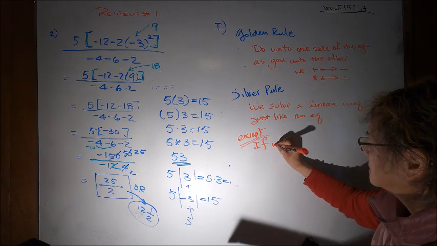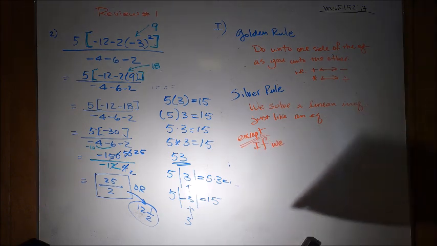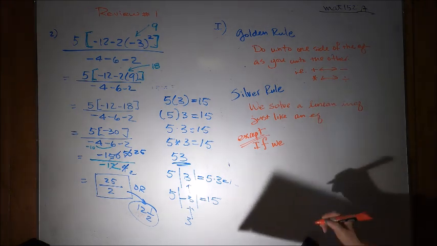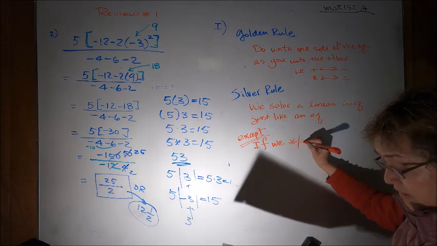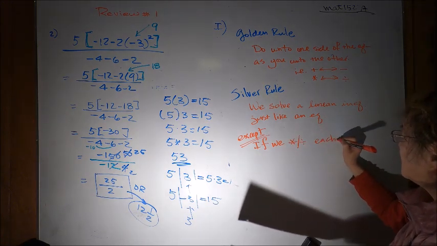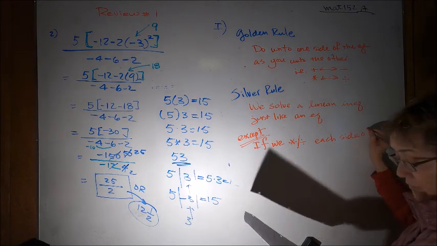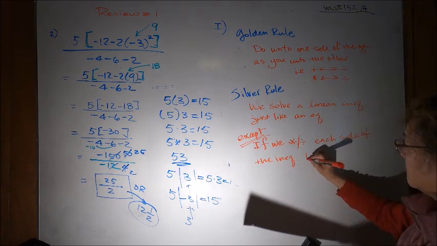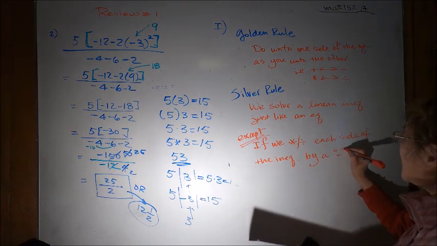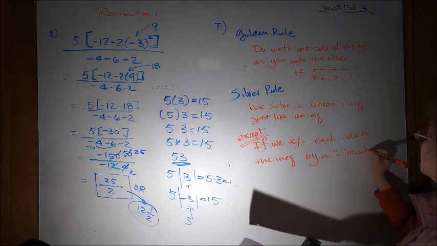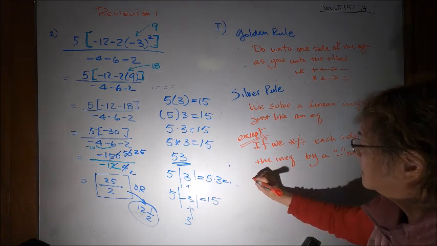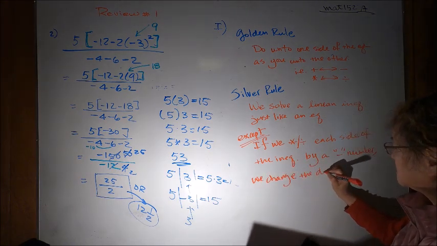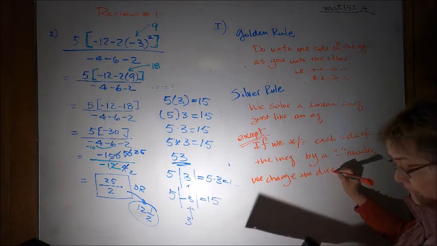If we need to change the direction of the inequality, right? When would we do that? When we multiply or divide each side of the inequality by a what? A negative number. It makes a difference, right? Then we will change the direction of the inequality.